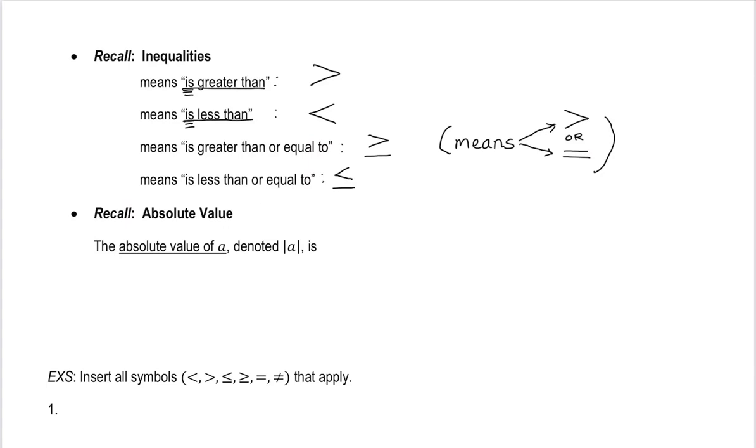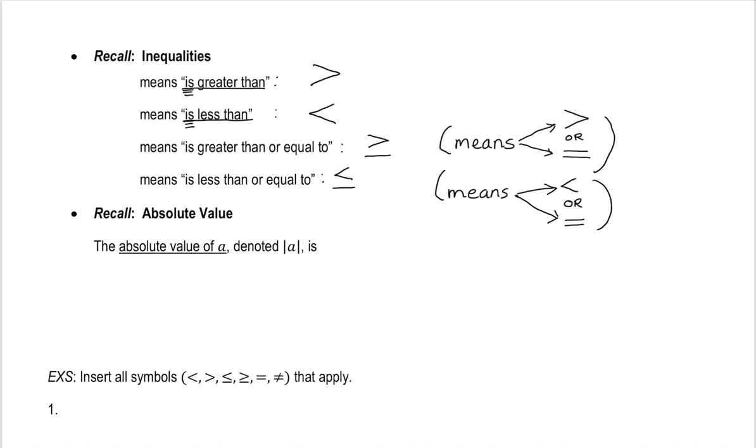It could either be greater than or it could be equal to. And on the second one, the less than or equal to, the statement could satisfy the inequality by being a less than situation, or it could be equality. If it's equals, it would also satisfy it.